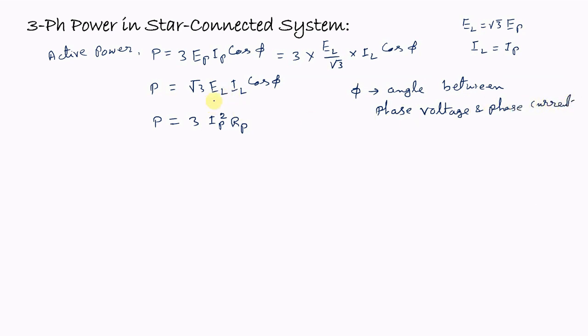So here also we can use the line voltage and line current, but the phi is the angle between phase voltage and phase current. It is always true for a three-phase system.